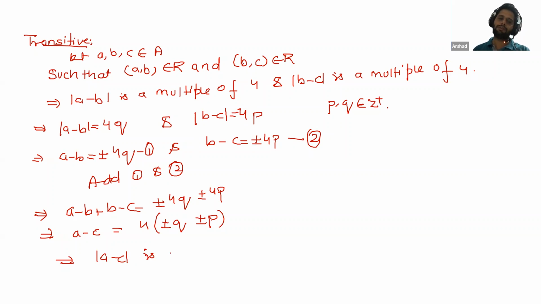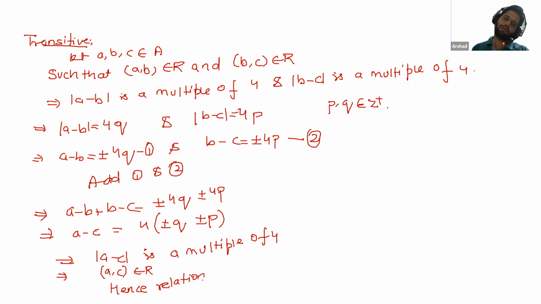Then modulus of a minus c is a multiple of 4, because this expression can be divided by 4. This implies (a, c) belongs to the relation R. Hence relation R is transitive.